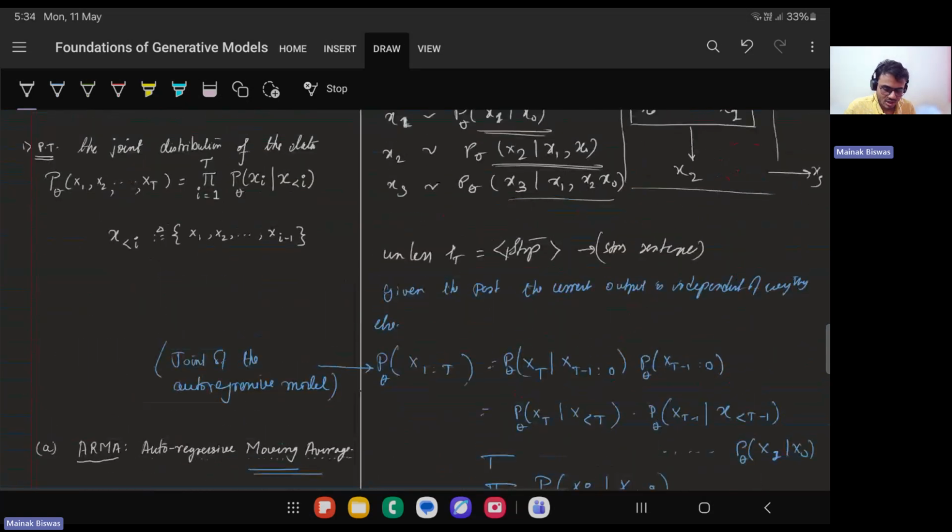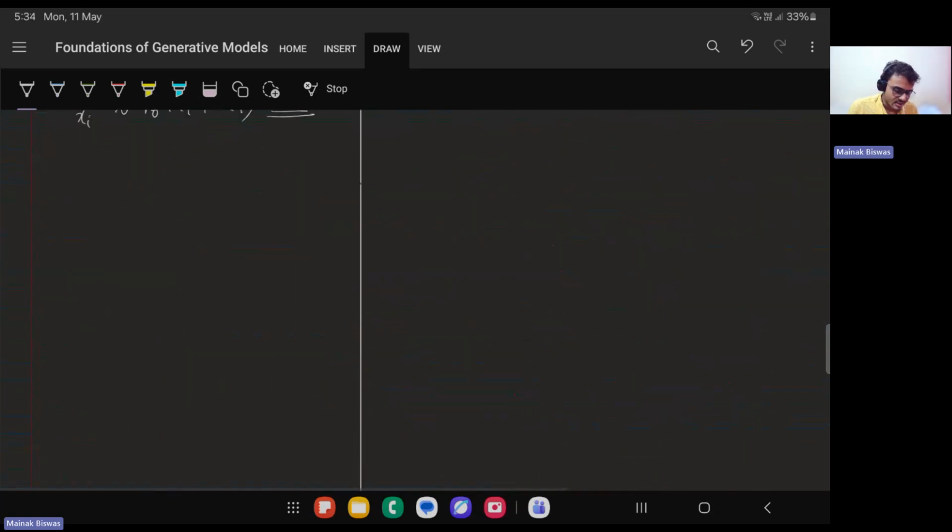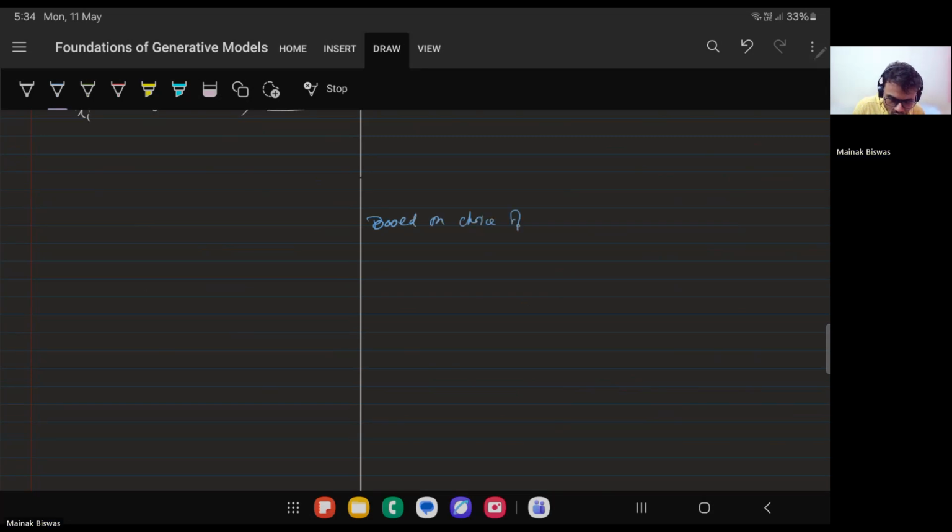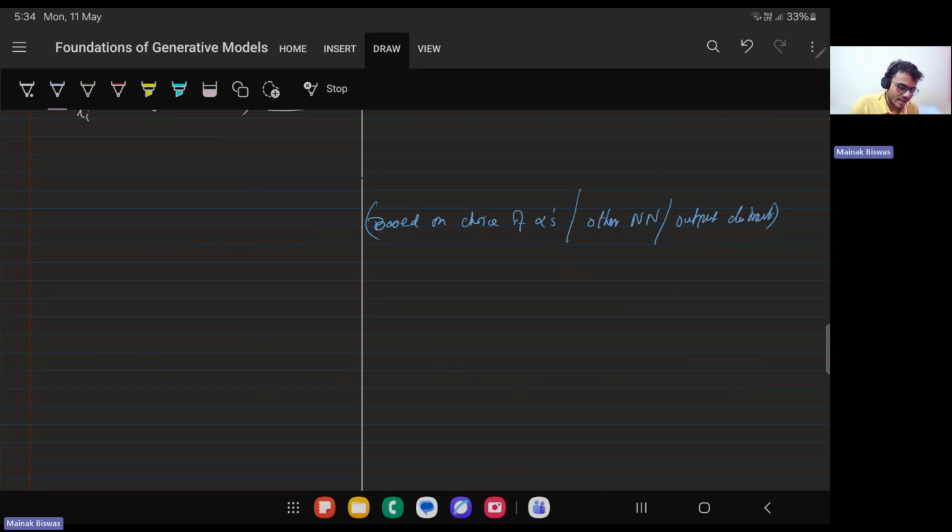This is called the ARMA model. The next is based on the choice of alphas, or other neural networks, or the output distribution. We could have what are called belief networks.